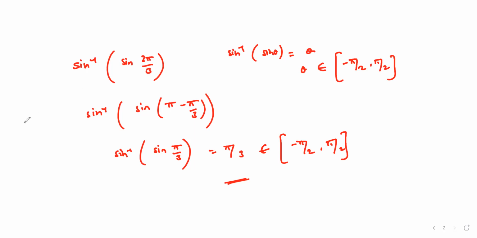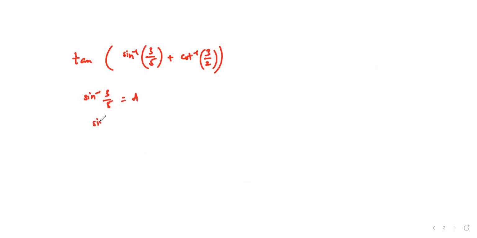Another question. Tan of sine inverse of 3 by 5 plus cot inverse of 3 by 2. Sine inverse of 3 by 5, I will take as A. Then sine A equals 3 by 5.